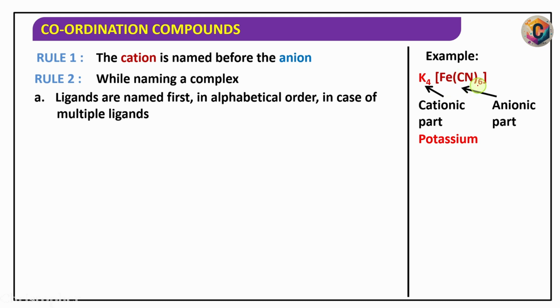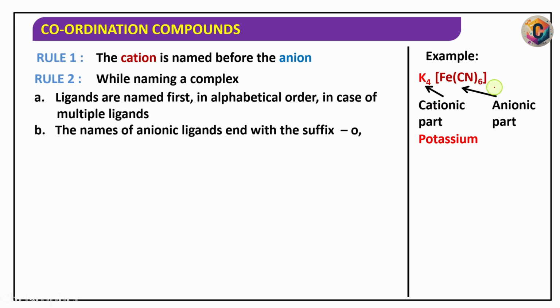If you have more than one type of ligand, you have to follow the alphabetical order. So this is rule number two. Clear? If only one type of ligand is present, such a complex we call a homoleptic complex. Got it? Let me move on to the next.